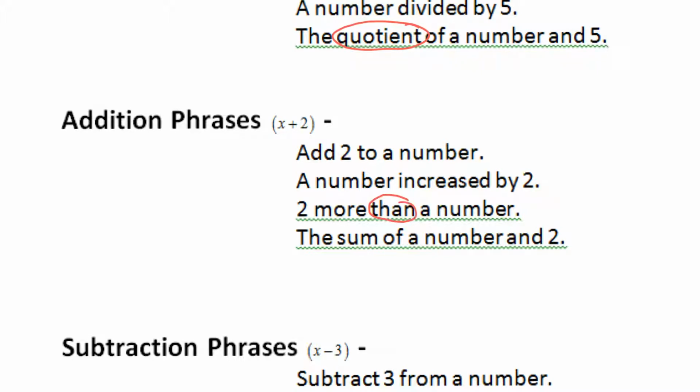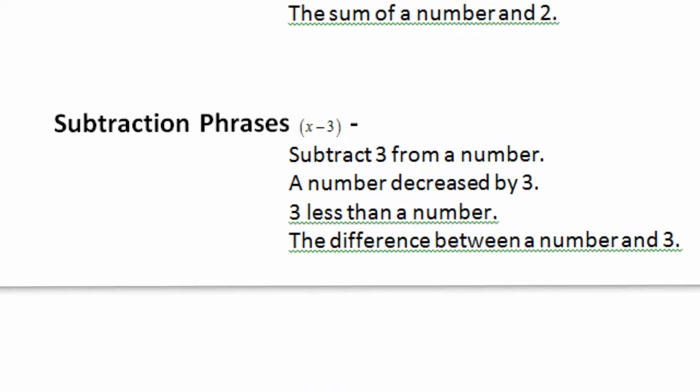The word than, remember that you have to switch the order. So look at the expression, x plus 2. Look at this, 2 more than a number. So a number represents x, but the 2, which is at the end of the expression, is first, because the word than switches the actual order. And that's what you have to remember. And the last one is the sum of a number and 2. Sum means addition.